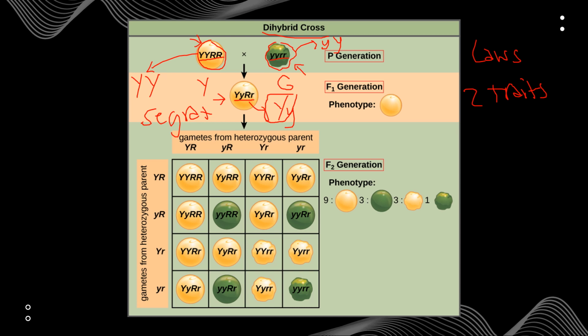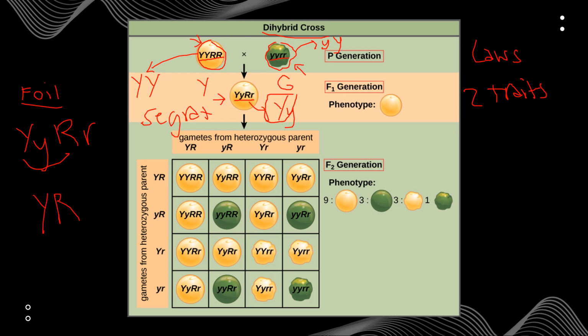In order to determine these, we like to use something called the FOIL method, and it's similar to factoring from your math class. You would take the parent's genotype, and you would FOIL it. So if I want to determine the gametes I would get from this, it's not really multiplying, but I would pair the dominant Y with the dominant R, and I would get this.